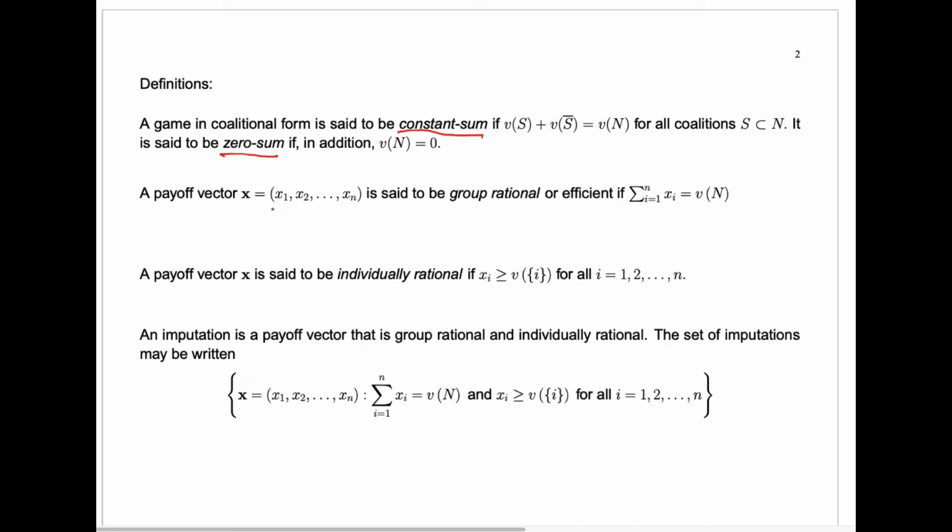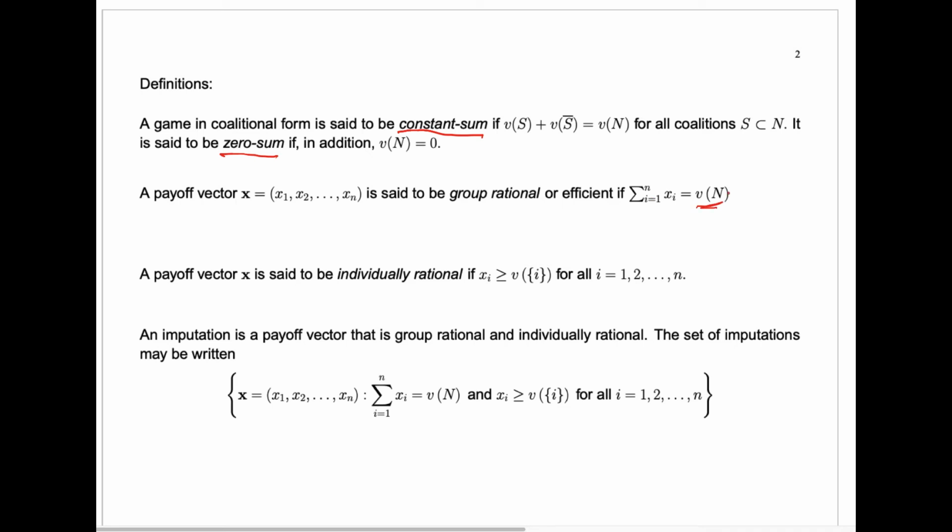We can talk about payoff vectors after a game is played. Now, those payoff vectors could come straight from the table of original payoff vectors, or they could be payoff vectors that come after a transfer payment is made. We'll say a payoff vector is group rational, or efficient, excuse me, if the sum of the entries, the sum of the amount of payoffs to each person, is equal to the value of that grand coalition.